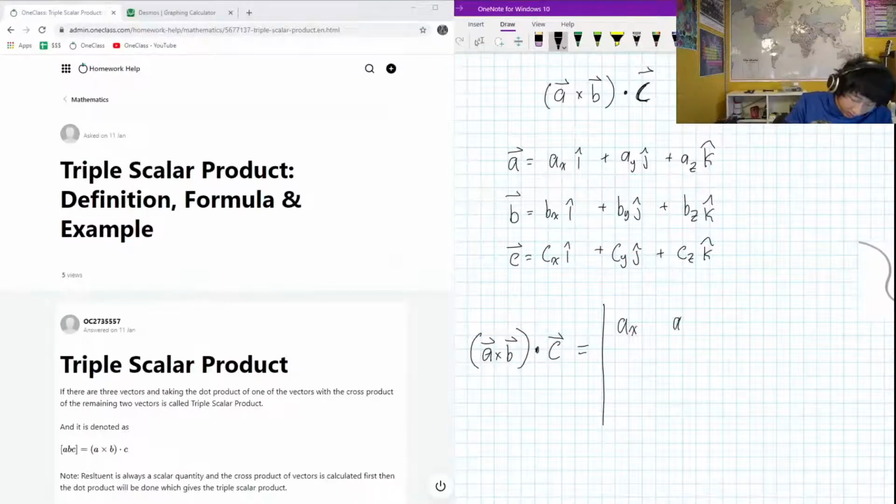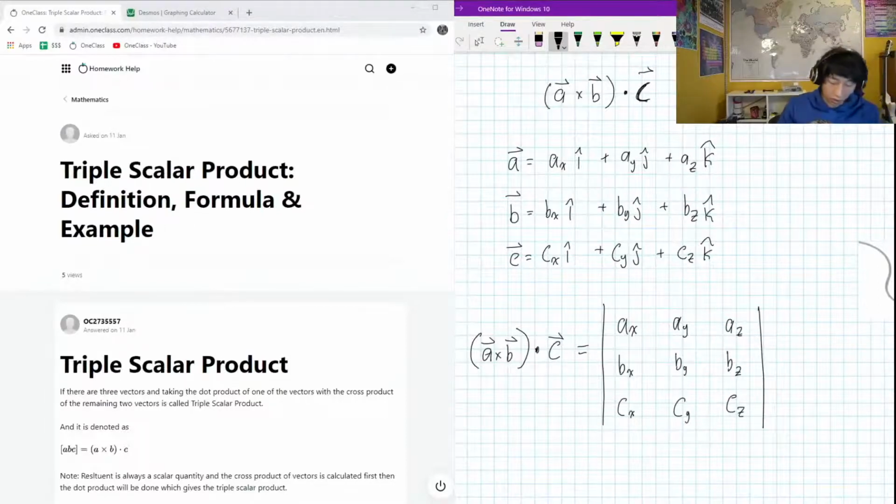So AX, AY, AZ, BX, BY, BZ, CX, CY, and CZ. Okay, so this is essentially what we want to use to calculate this.